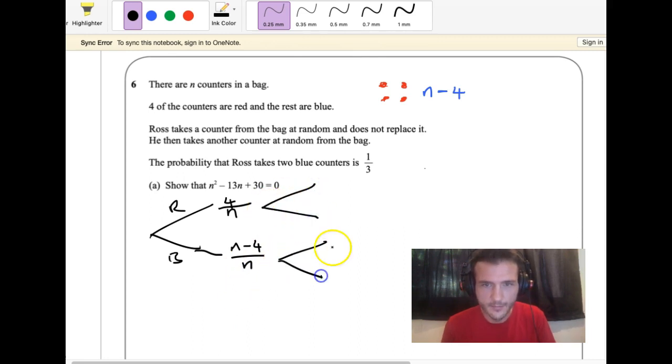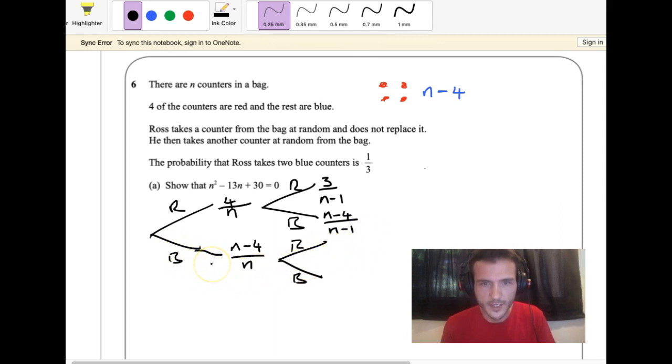Second time, we've got red and blue again. If we pick a second red, there's only 3 left, over n minus 1 in total. We pick a blue, first time, so there's still n minus 4 blues over n minus 1 total.